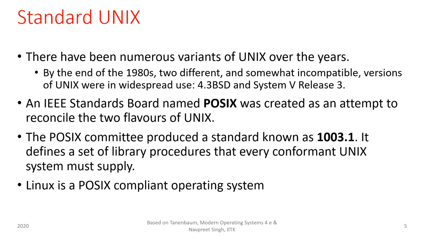The POSIX standard set out certain conditions about what are some of the libraries that should be there, what are some of the commands that should be supported, and so on. So that is the standard. Any operating system that would follow this Unix standard can be considered as a standard Unix compliant operating system.